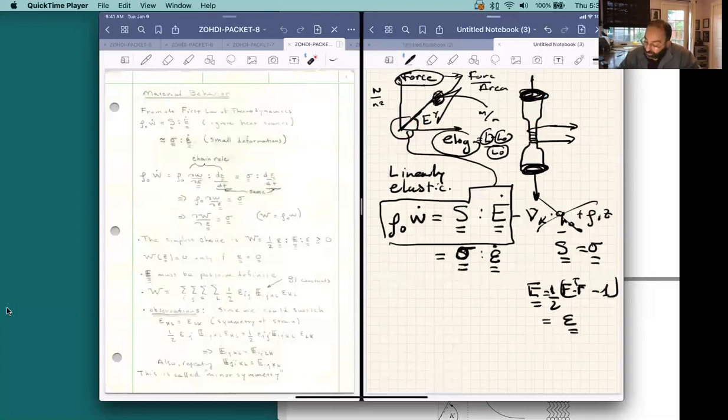That provides a very important piece of information because, as we can see here on the left-hand side, we can write the following. We can take rho zero W dot equal to rho zero times the partial of W with respect to epsilon, multiplied by d epsilon dt.